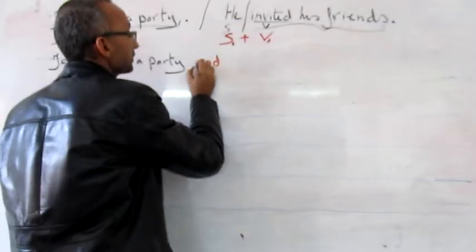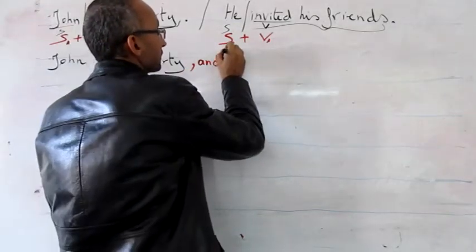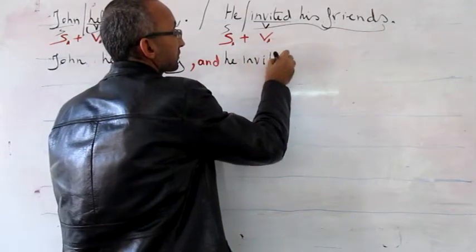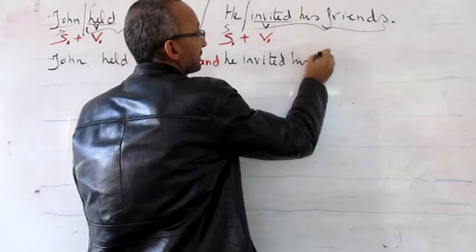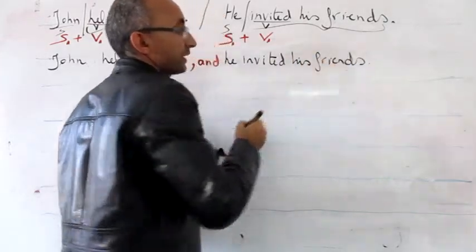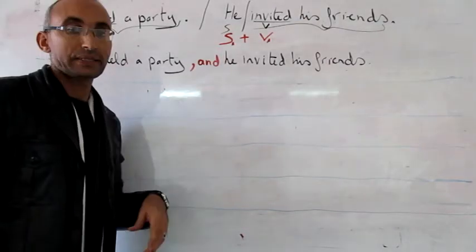Now here we have a kind of addition, a clear logical relationship between them is addition. So we write here, and he invited his friends. He invited his friends.